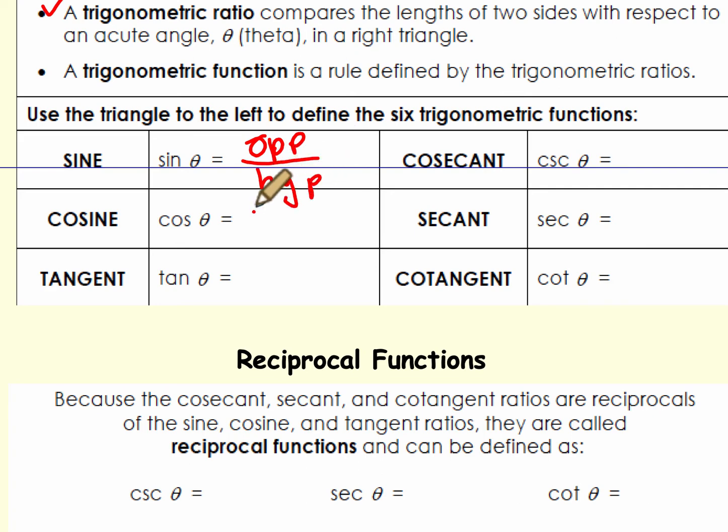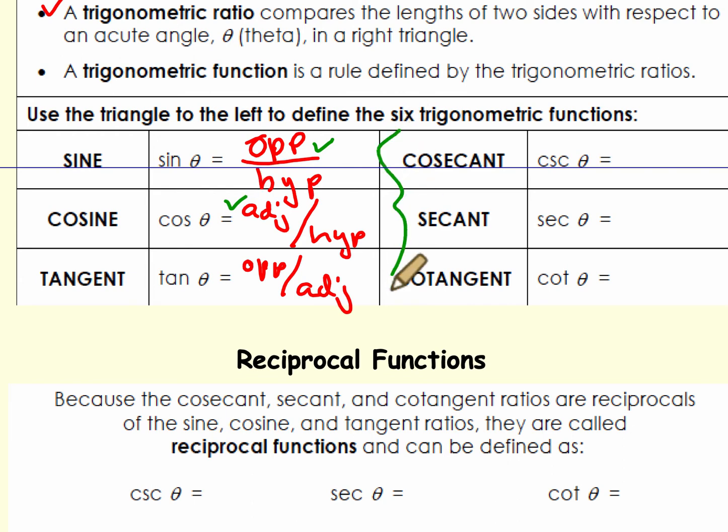Cosine is defined as adjacent over hypotenuse. And tangent is opposite over adjacent. And for future reference, tangent is basically the ratio of sine over cosine. And so later on that comes up.